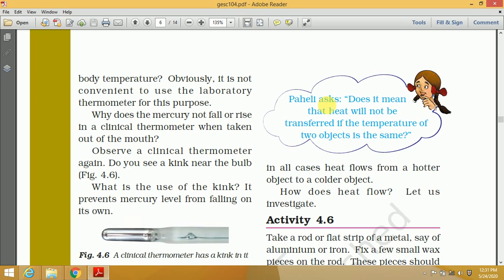Means the tea temperature will acquire some steady value, and beyond that it will not cool down. The tea will become cool, but it is not going to get chilled. It will acquire the temperature of the room. So when the temperature of the tea and the room becomes equal, further flow of the heat will be stopped. Now let us see this activity 4.6.